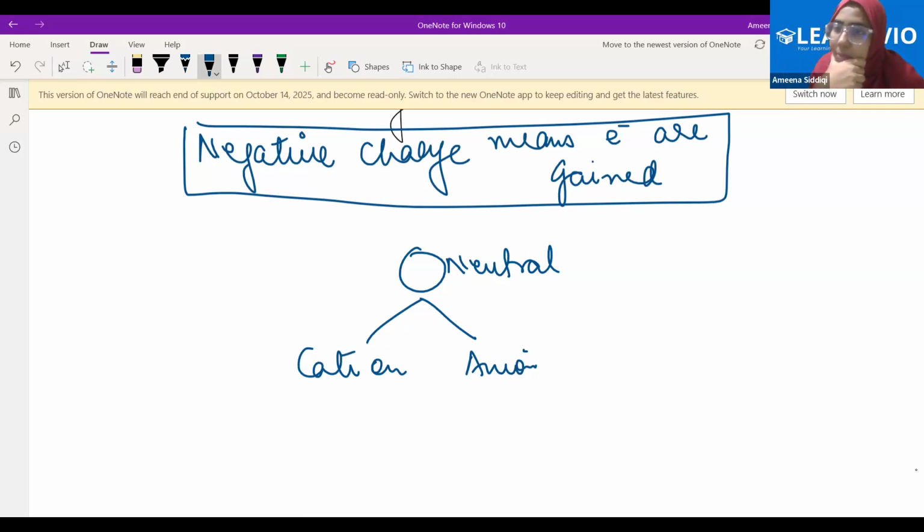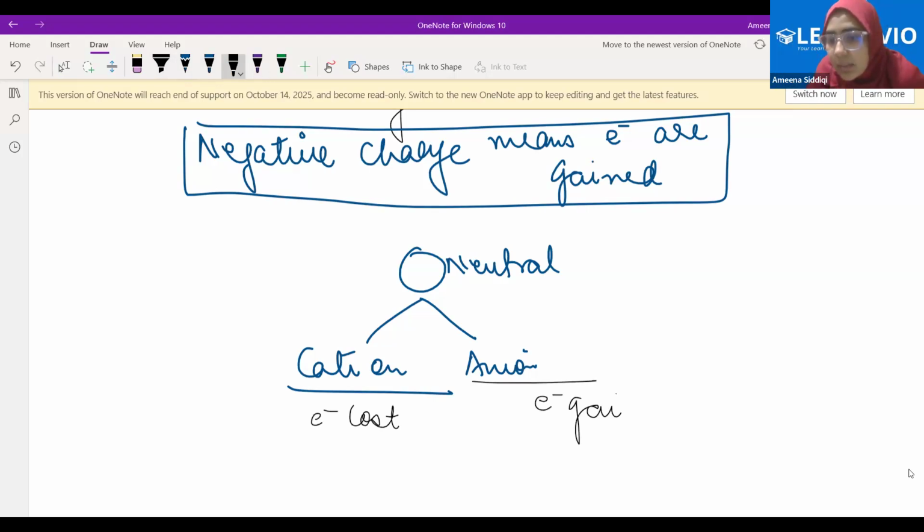No. What is it that is actually changing? Electrons. In cations, electrons are lost. In anions, electrons are gained. That's it.